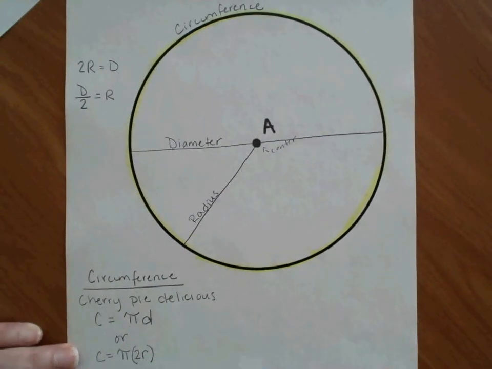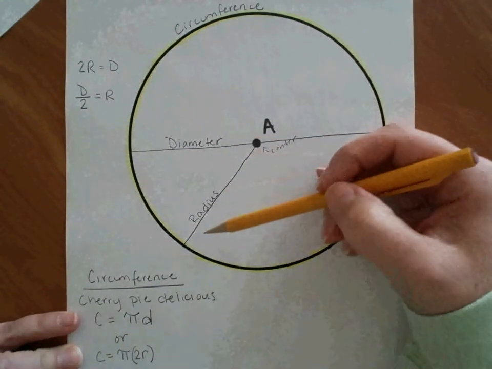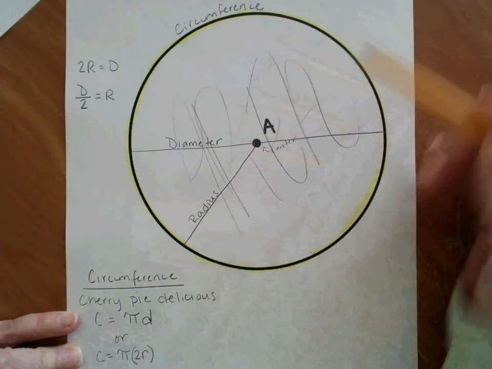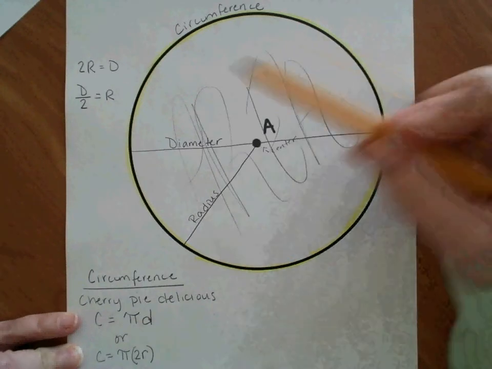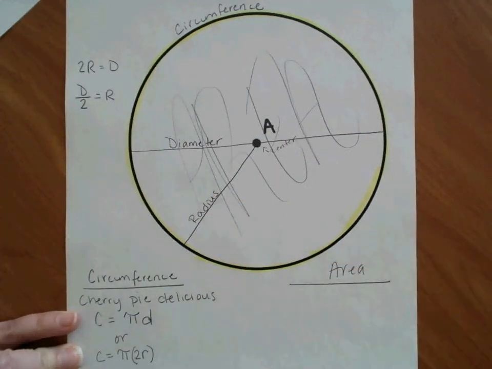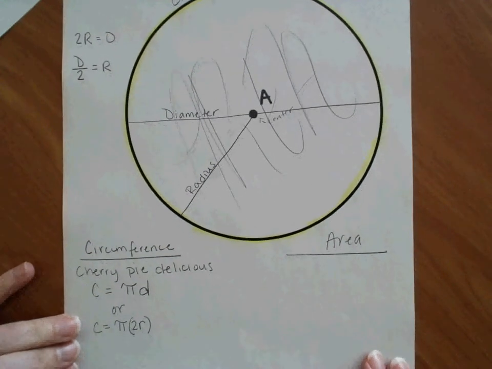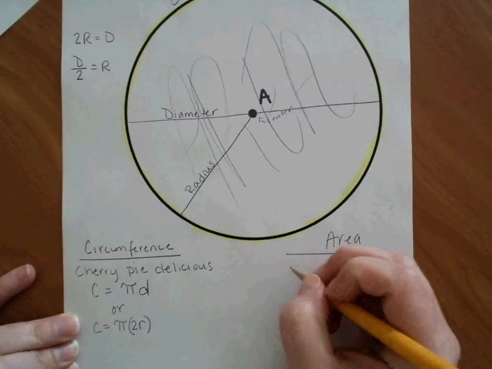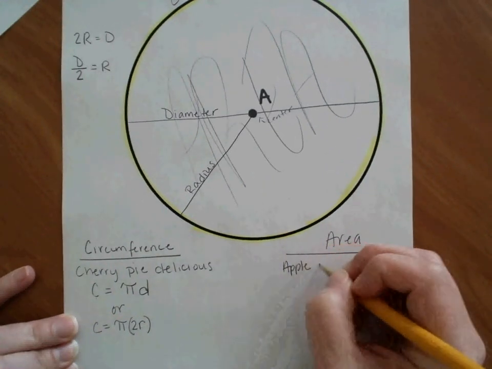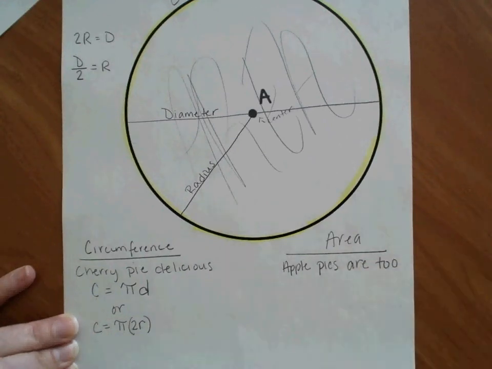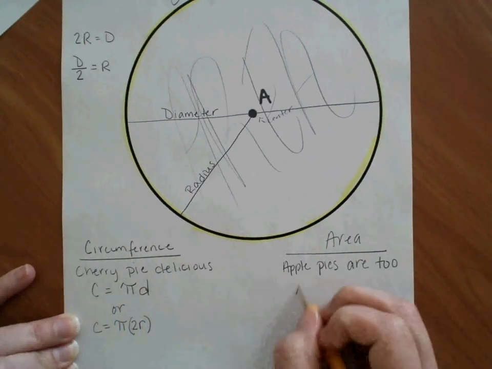The other formula that we need to make sure we understand and remember is our area. Remember, area is measuring all the inside, so everything inside my circle is my area. I like to remember this by saying apple pies are too.